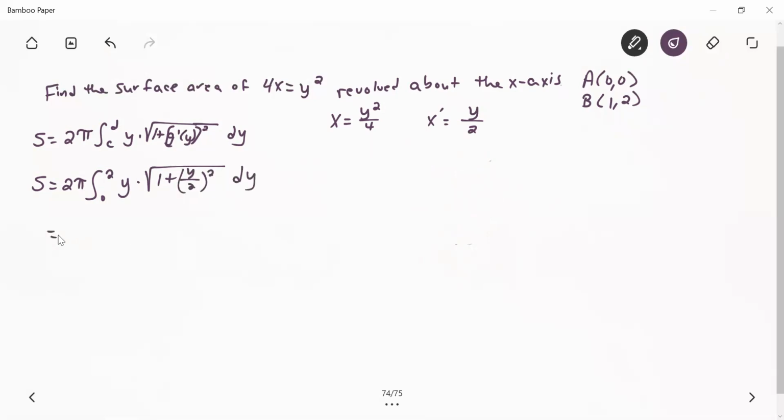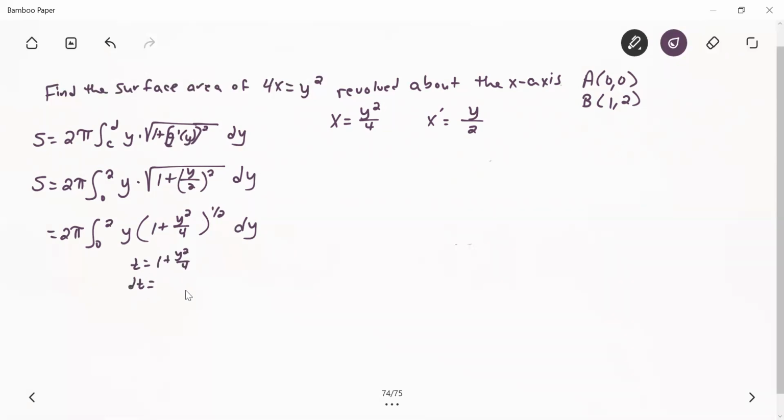All right, so 2 pi from 0 up to 2 of y times, I'm going to say this is to the 1/2, and then I have 1 plus y squared over 4 raised to the 1/2 dy. All right, let's do a substitution. Let t equal 1 plus y squared over 4.